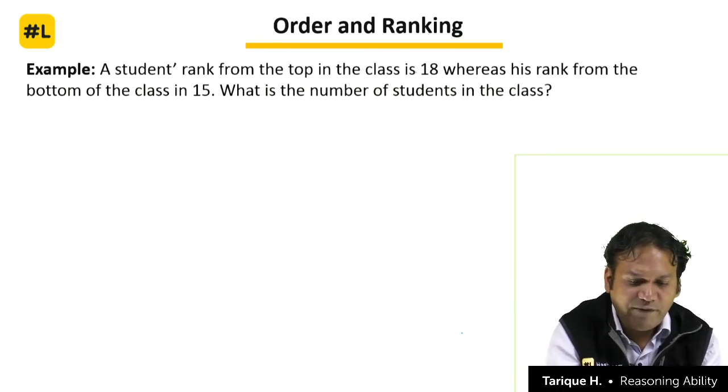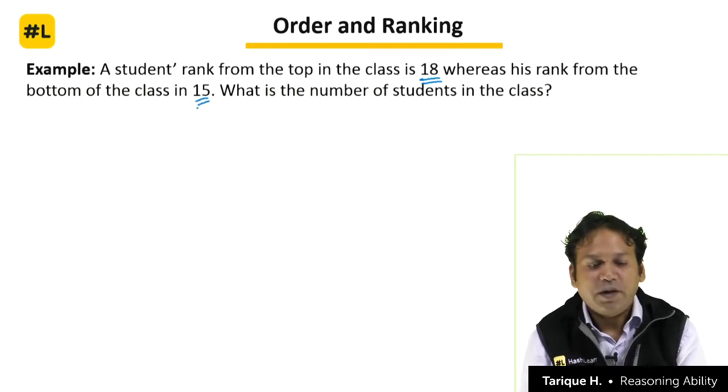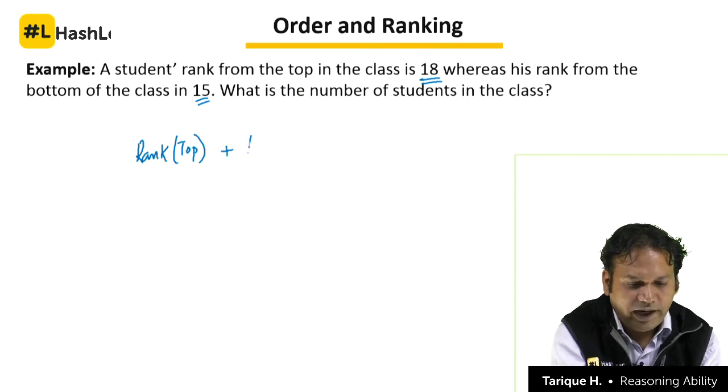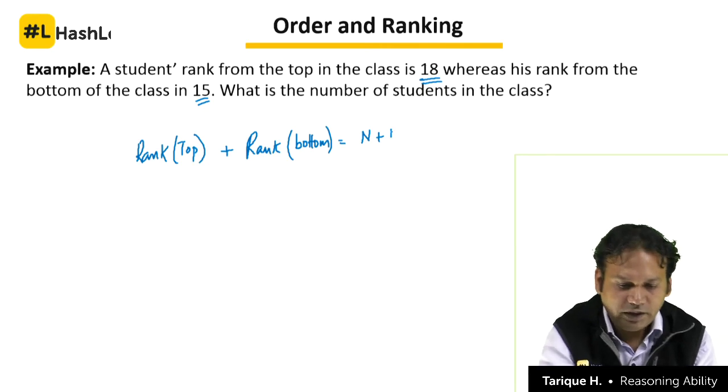So a student's rank from the top is given to you and his rank from the bottom is given to you. We had seen earlier that rank from top plus rank from bottom is equal to number of students plus 1, correct?